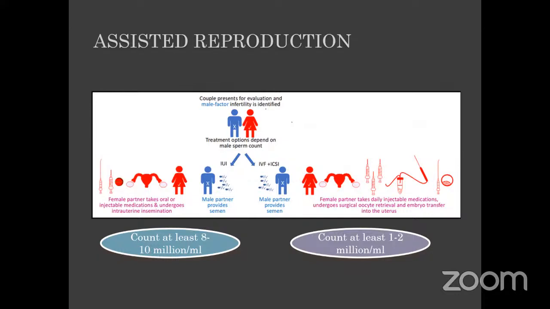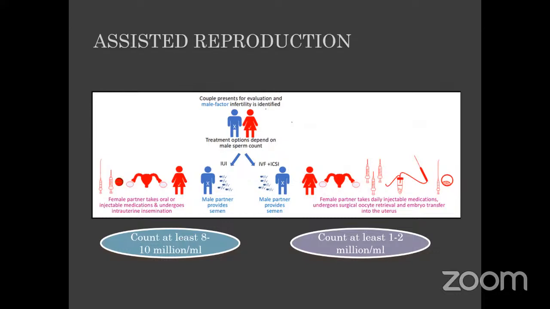Whenever we identify a couple with male factor infertility, the primary thing that we are looking for is the sperm count. If the count is at least 8 to 10 million and motility is reasonably good, then we can go for an IUI or an intrauterine insemination. What we do in an IUI is we give the wife, the female partner, oral and injectable medications, and look at the egg growth.